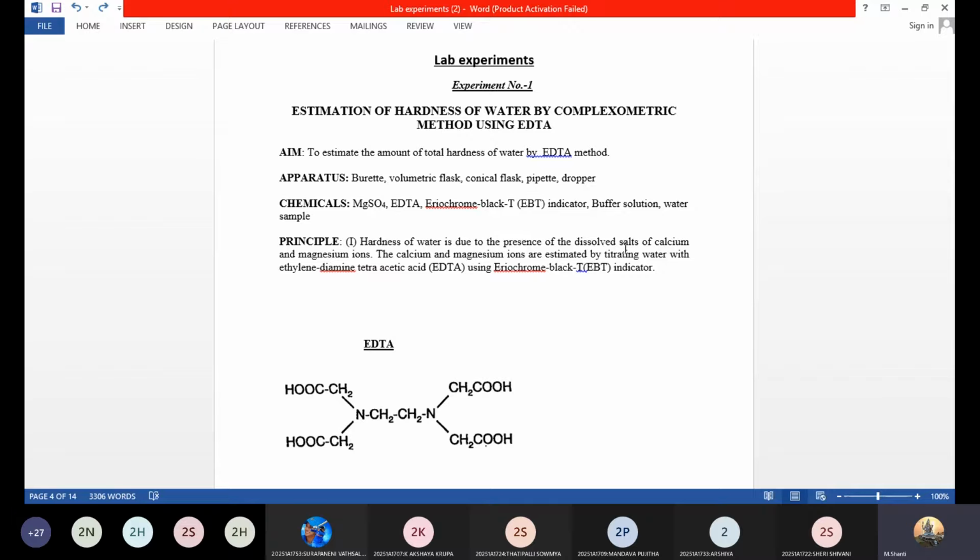Don't think that these 4 experiments will not count for your lab internal exam. Definitely they will, because we'll keep observing you and note down the way in which you are doing your experiment, and we'll also keep asking viva questions. Marks will be given for all that, so it is performance based. And at the end you have your lab internal exam, which is purely theoretical. So be prepared for each and every experiment.